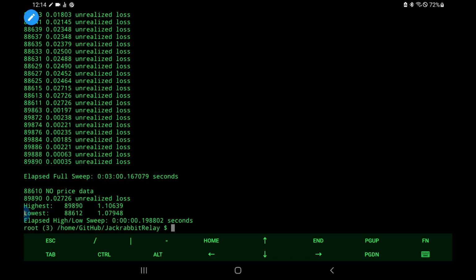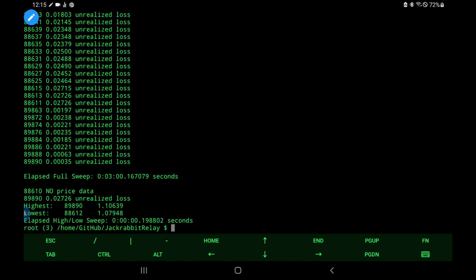And even though we are processing quicker, we can see that a full sweep for this case took 3 minutes and a whole bunch of milliseconds. But then right afterwards, the high-low scan took place. That is looking at the first trade and the last trade for the same number of open trades.